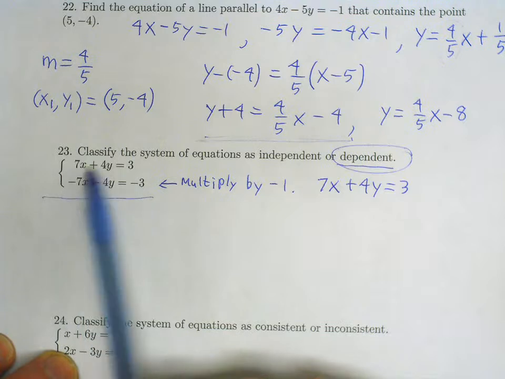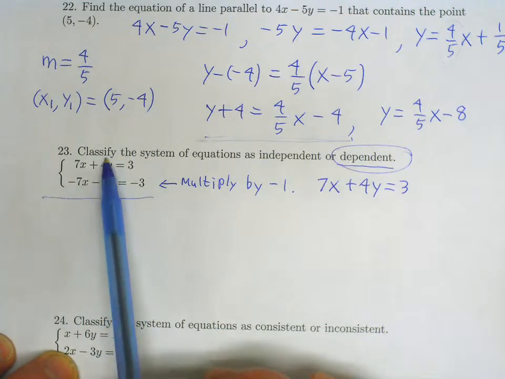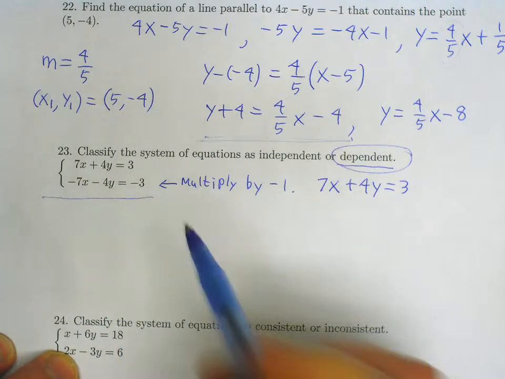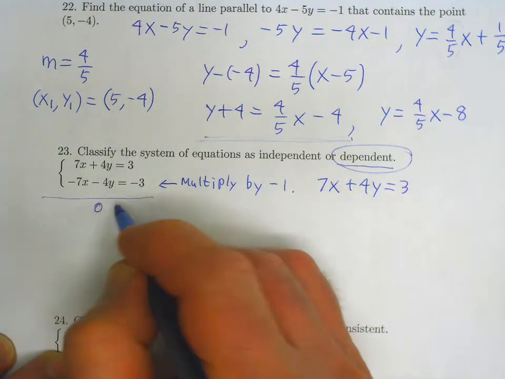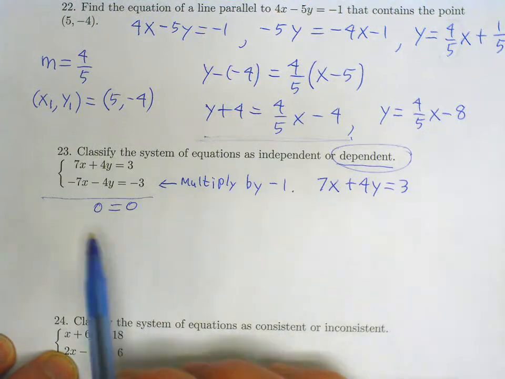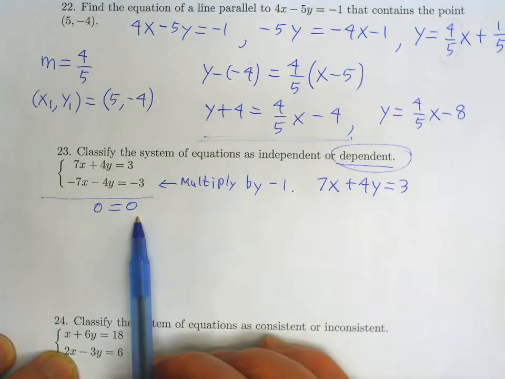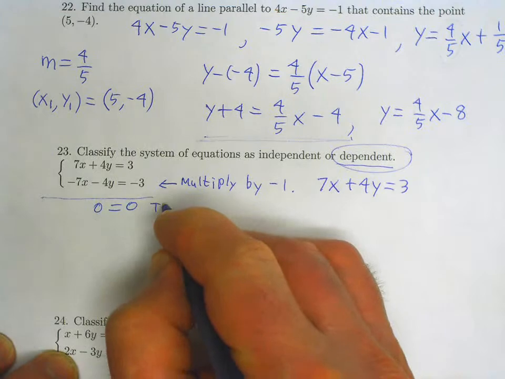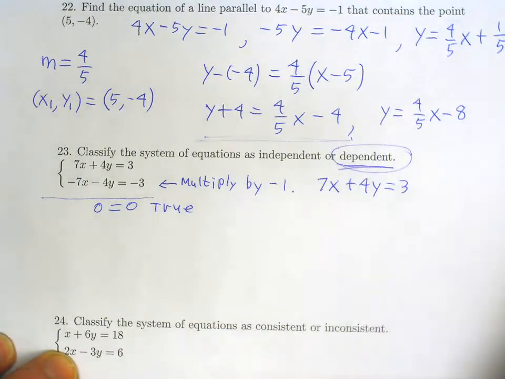So if you add these two equations as they appear, you get 0 equals 0. So both variables are eliminated and the resulting equation involving numbers is true. So that means it's dependent.